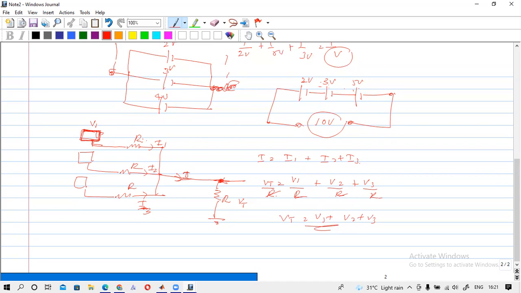So if you connect through the same resistance like this, again you will get the added voltage. This is the formal way.